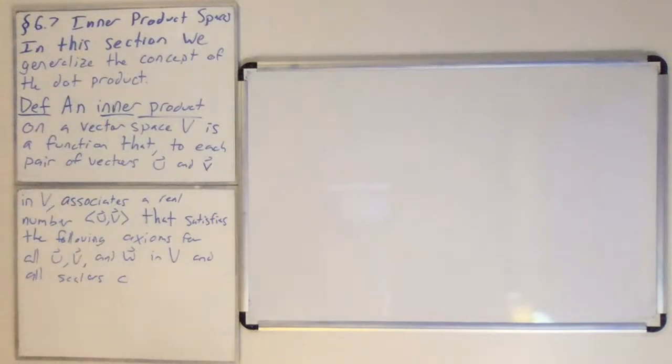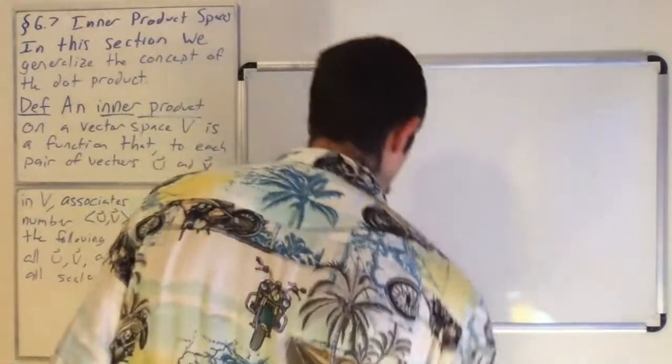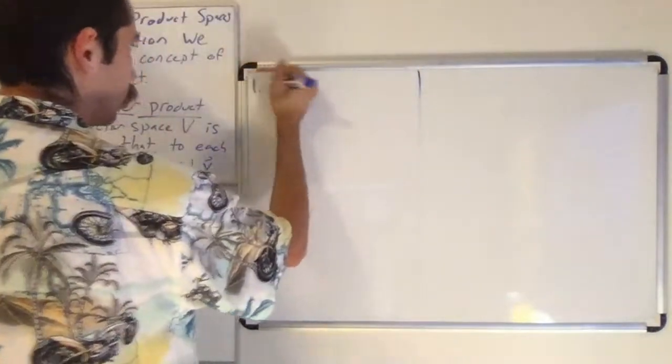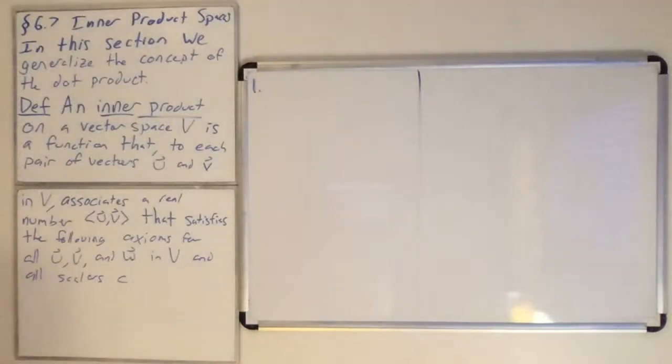Okay, so this is the buildup. We're about to write the axioms. We have inner product. It's basically a function that inputs two vectors and it's going to output a real number, and it satisfies four properties. Okay, so the first property is it's commutative.